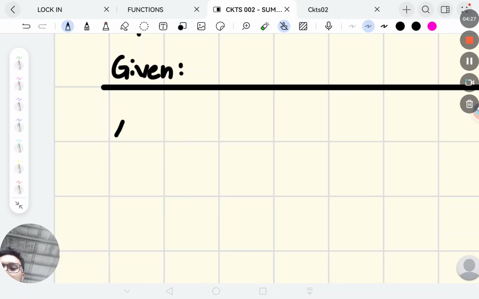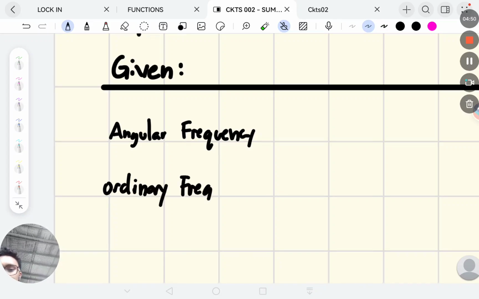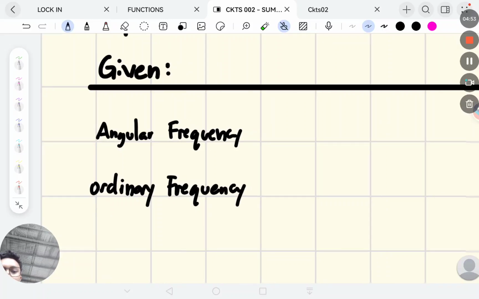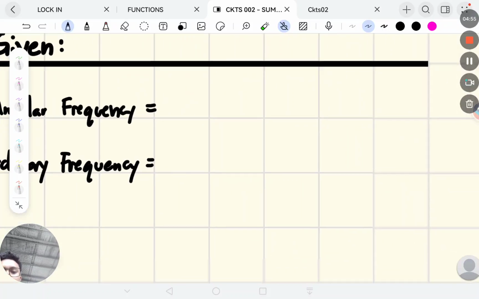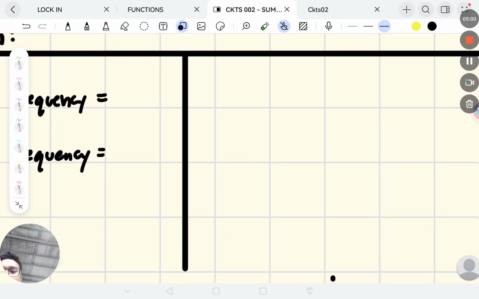So we have angular frequency, meron tayong ordinary frequency.